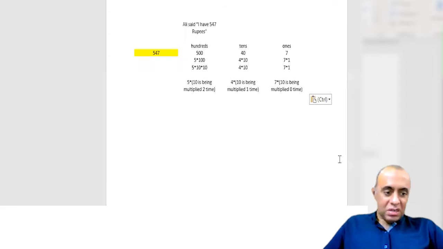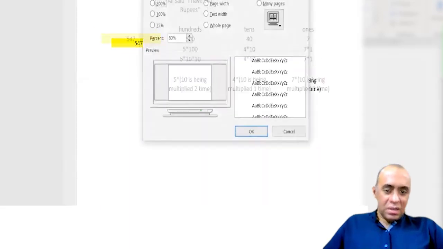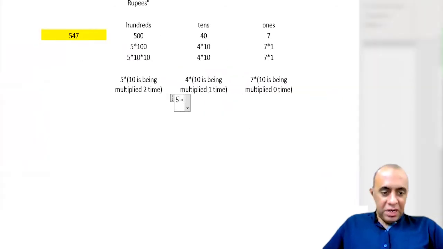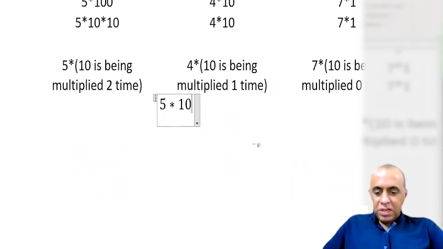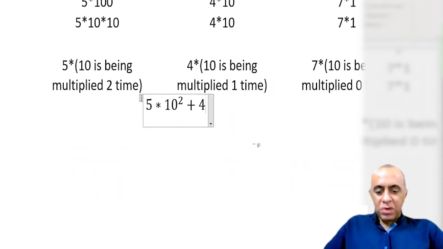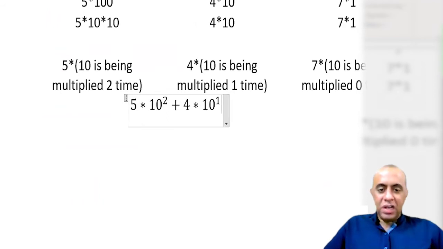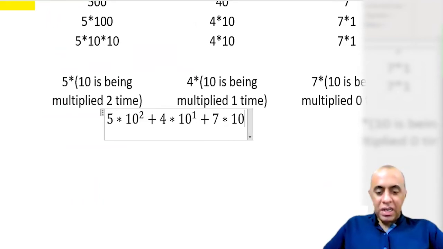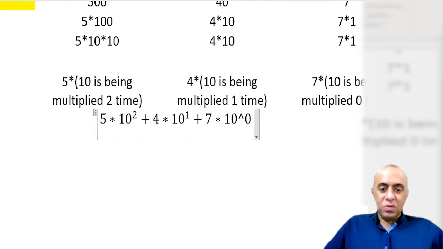And now let me try to use mathematical representation to show you these things better. I'm going to write 5 multiplied by 10 raised to the power 2 plus 4 multiplied by 10 raised to the power 1 plus 7 multiplied by 10 raised to the power 0.